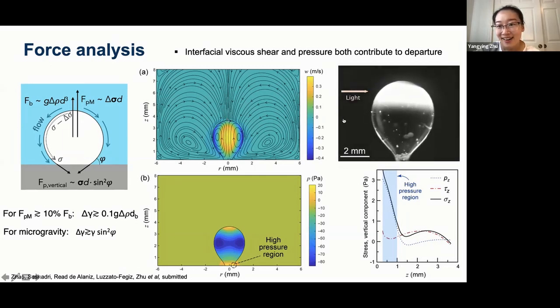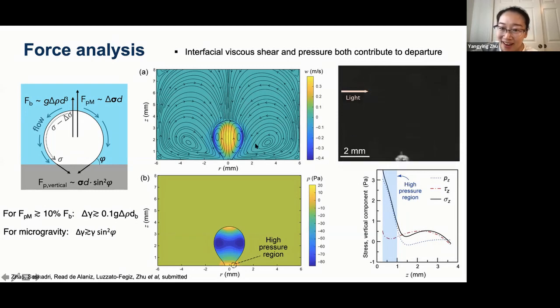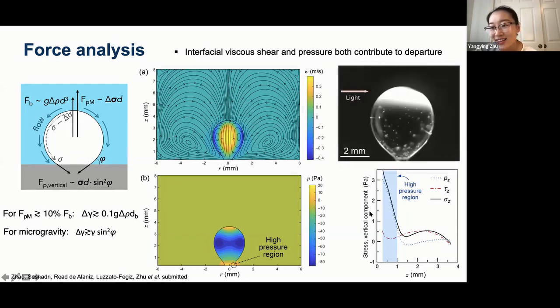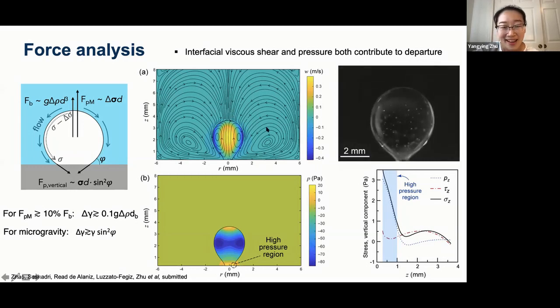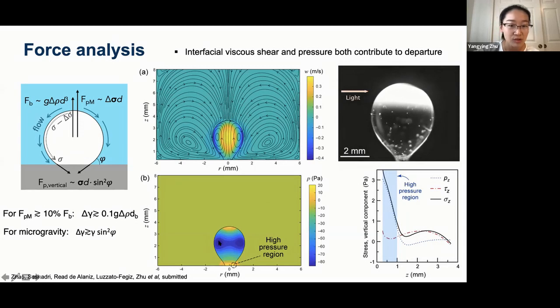To verify that, we actually added tracer particles into the droplet. You can see the particles move upward from the center and move downward from the bottom. This validates that you do have a secondary flow inside and outside the droplet. Not only that, we also modeled the pressure distribution.